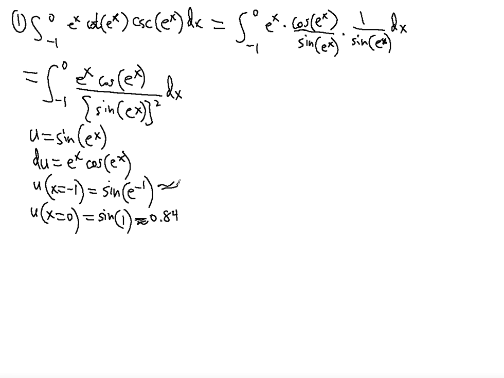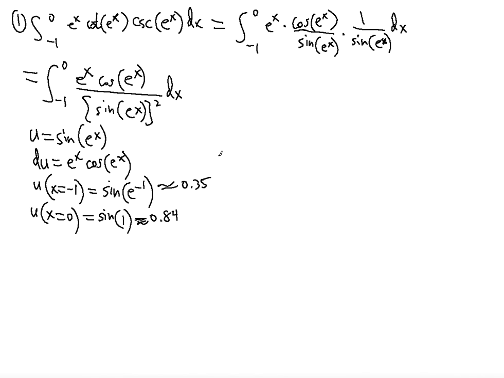And sine of e to the -1 is 0.35. Yeah, so we're showing consistency with regards to the upper limit being still greater than the lower limit. You see, that's why I checked this, because I wasn't sure just by looking at it.